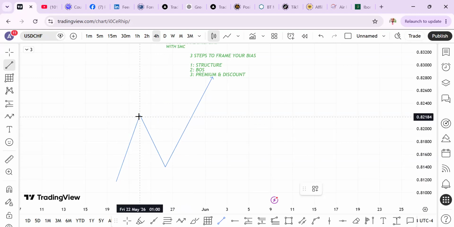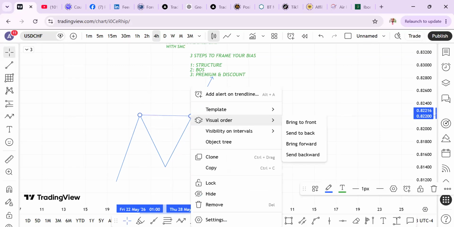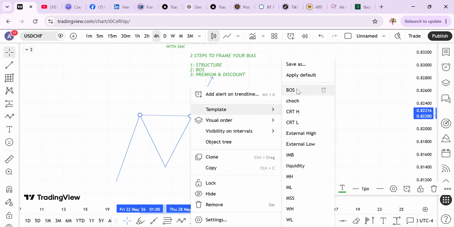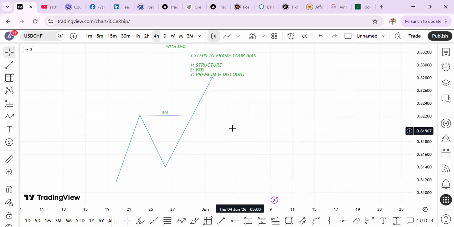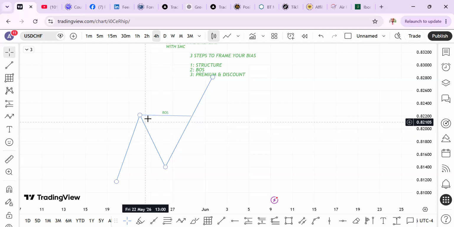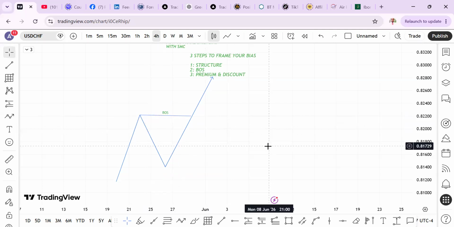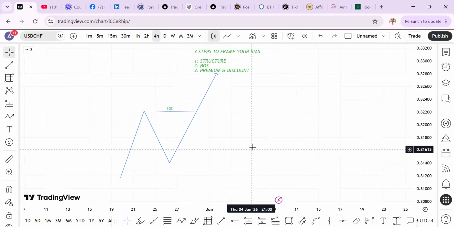So by this chart, I mark out where my break of structure is. So how do I know that market has broken structure? That is another thing a lot of people struggle with. It's very simple.